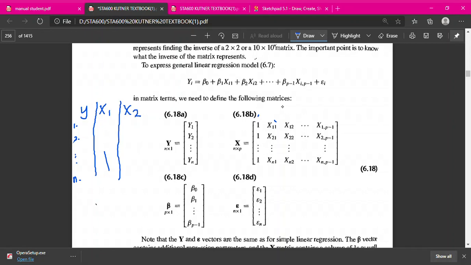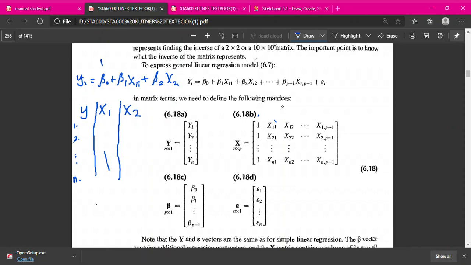So its dimension will be n by p. n is the number of observations, the rows, and p is the number of parameters. If we have two independent variables, the number of parameters will be 3, right? Your equation will be yi equal to beta naught plus beta 1 x1i plus beta 2 x2i.